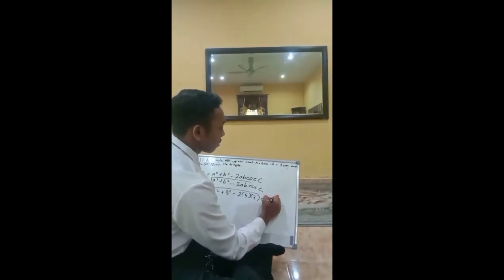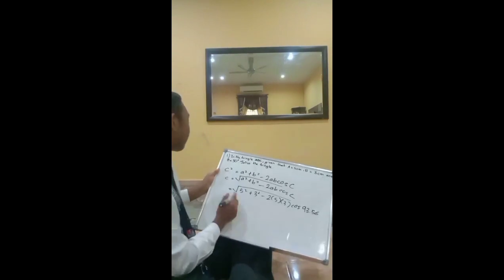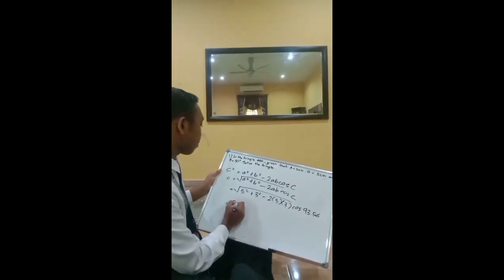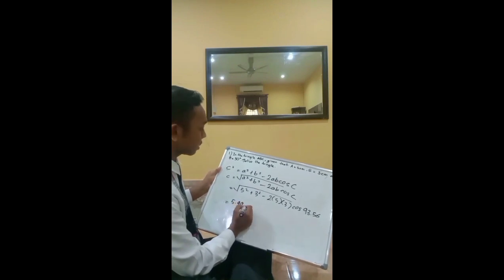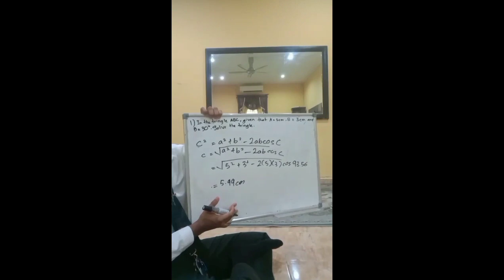Cos 93.56. And the answer you can get is 5.66 cm. This is the length of c.